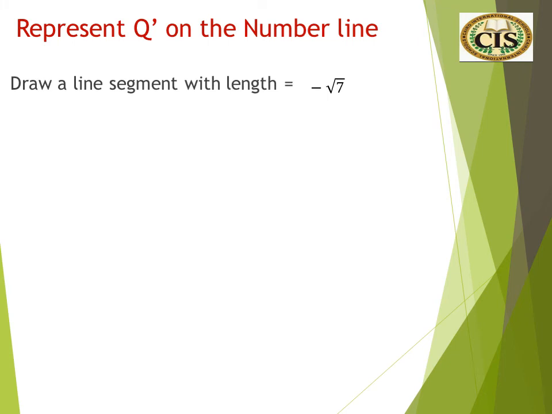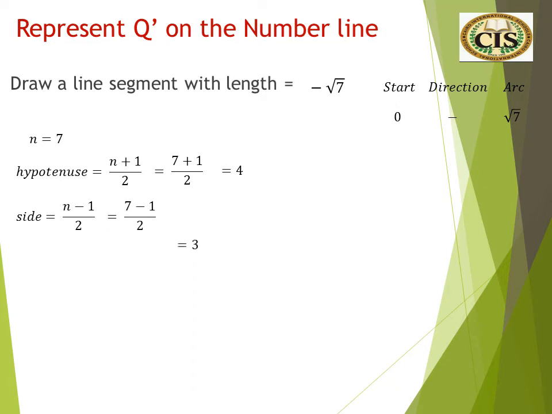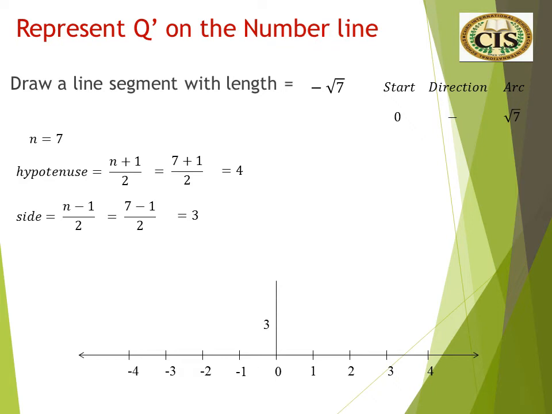Another example, negative root 7. Negative root 7 is represented like root 7, but the direction is on the left, the negative side. From 0, draw a perpendicular line segment equal to 3 centimeters.